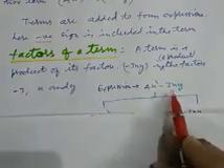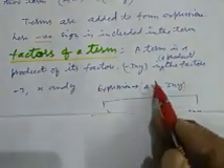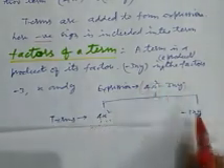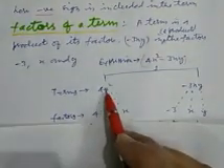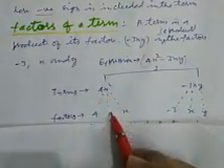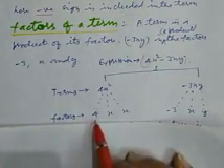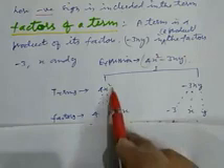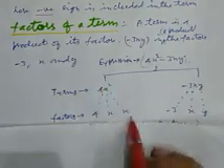This is our expression, 4x square minus 3xy. The terms are 4x square and minus 3xy. These are two terms. Now how do these terms form? The factors of this are 4 into x into x. So these are our factors, and this term is formed by these factors.